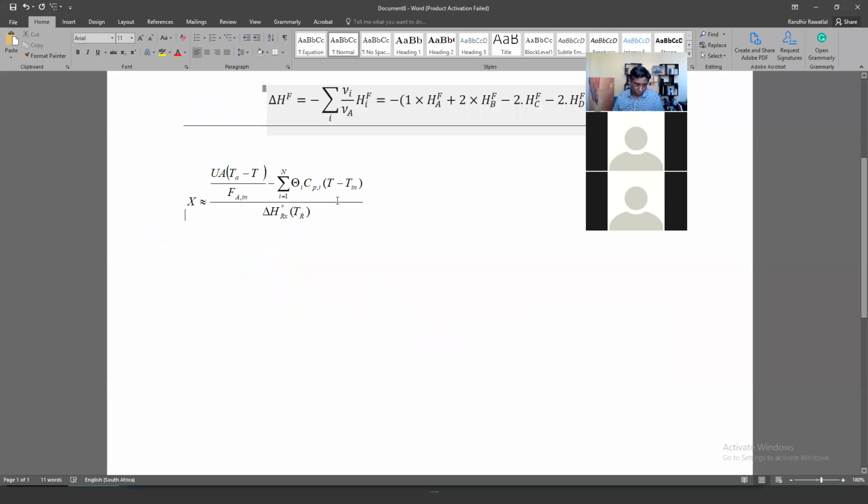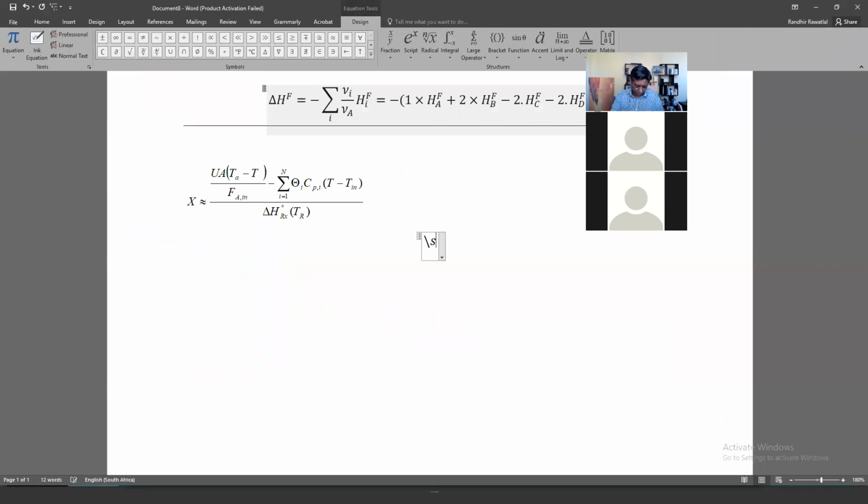We have an estimate for the heat of reaction. Maybe let's unpack this term next. So we need beta CPI. So it's some capital beta, C sub i, times T minus T in.